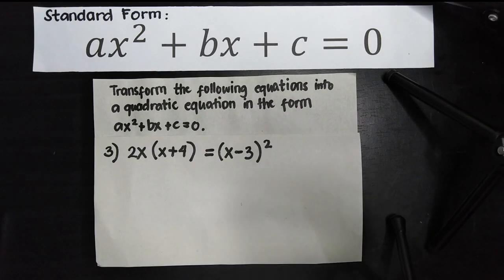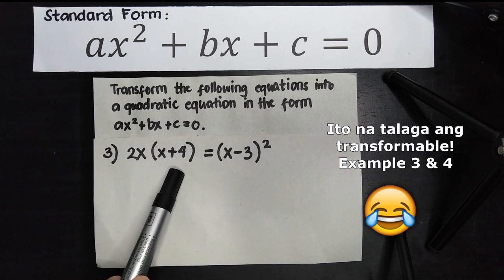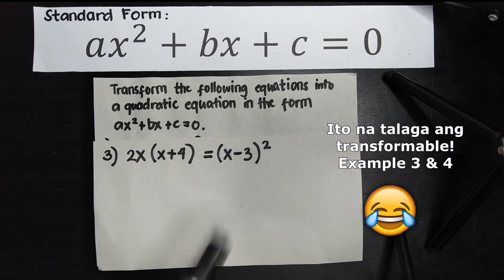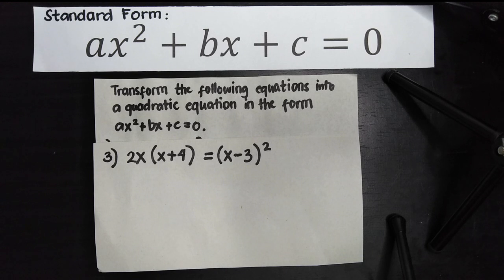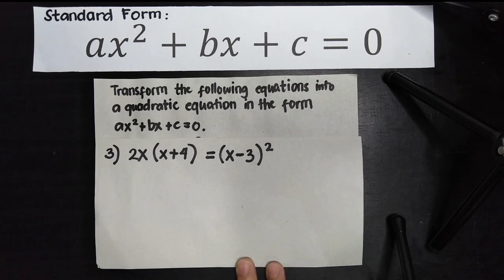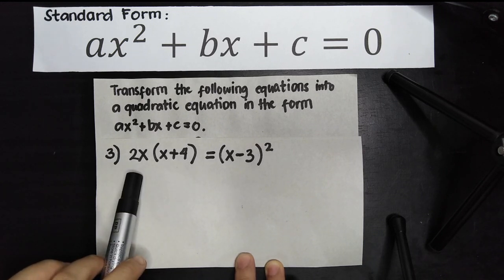For example number 3, we have 2x times the quantity of x plus 4 equals the square of the quantity of x minus 3. So, nagiging medyo complicated na ang ating equation. If you watch our first tutorial, we have already dealt with these types of expressions.